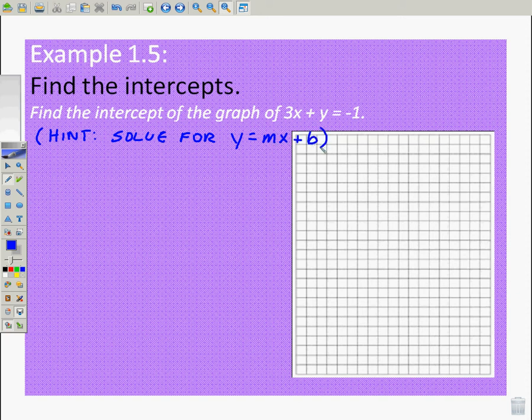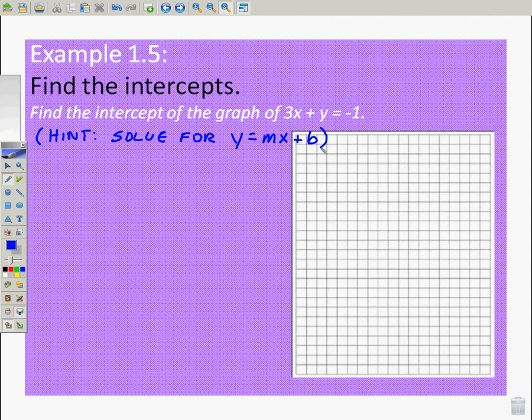Solve for y equals mx plus b. Does anyone remember what that form is called? Function form or slope-intercept form. Very good. Go ahead and pause the video now if you would like and solve this example. I'll be right back with the answer.